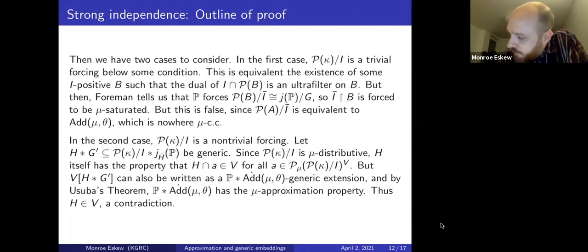So P kappa mod I bar is equivalent to, or at least, sorry, maybe it's important, the A is some restriction.